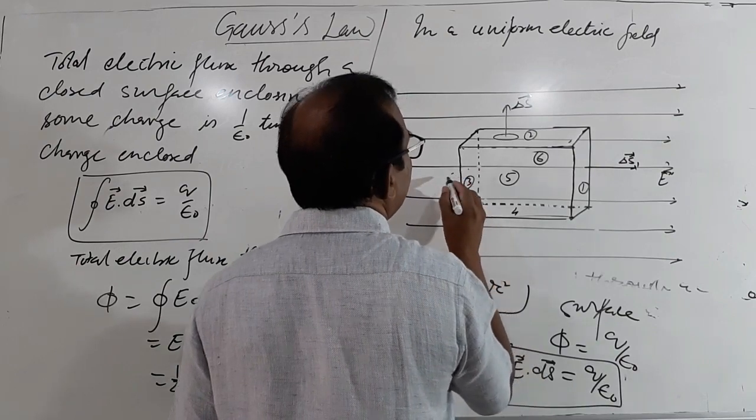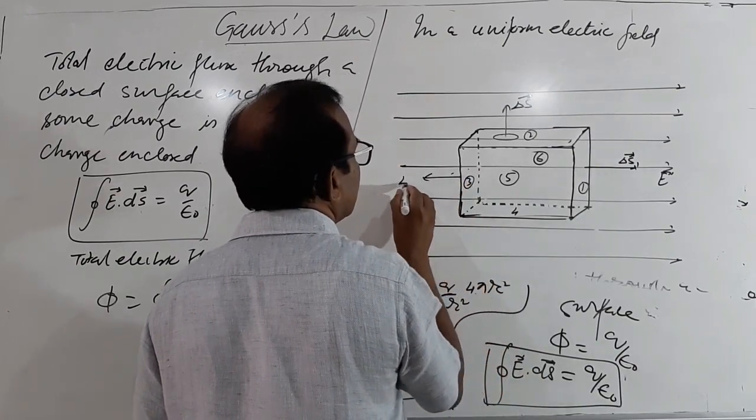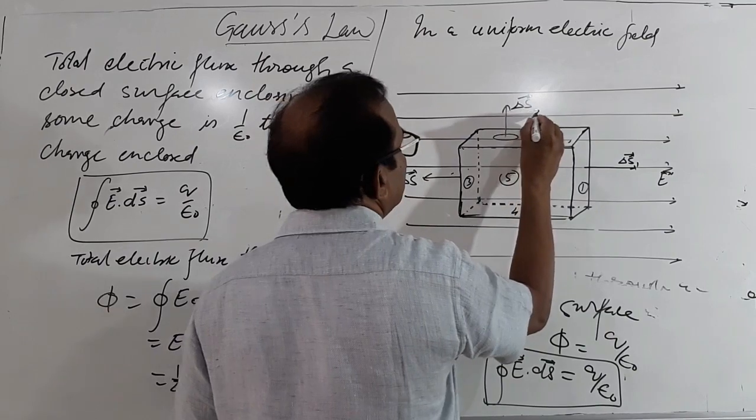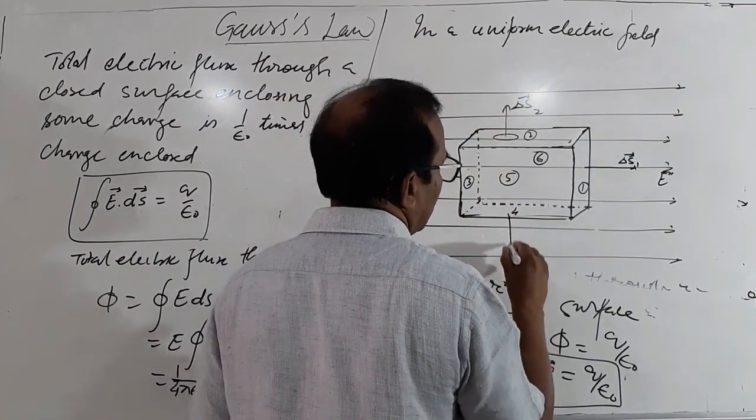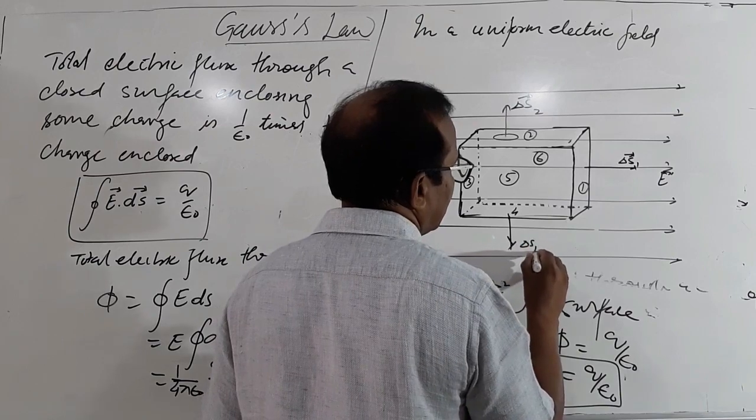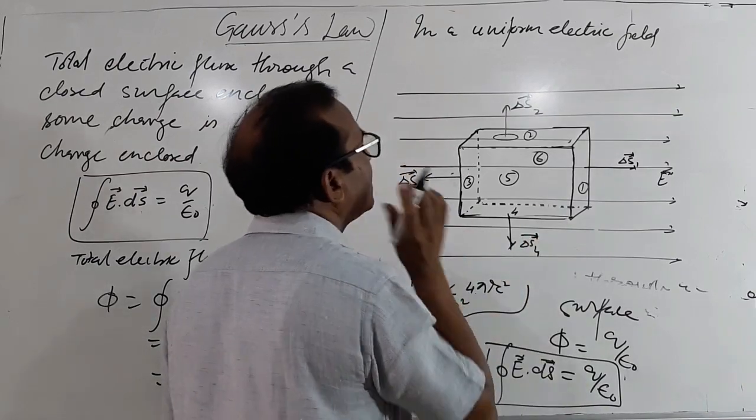On face 3, the area vector is here. This is 2, this is 3, and this 4 has an area vector directed downward.